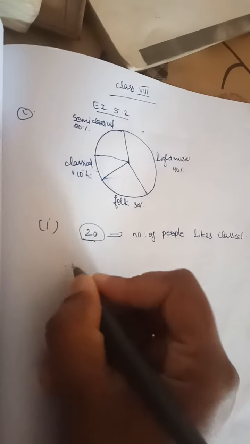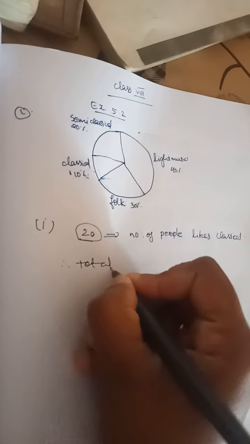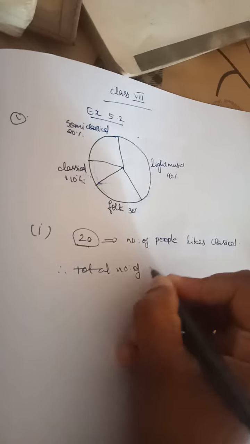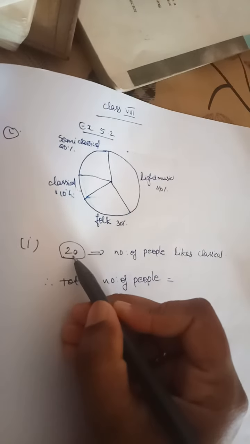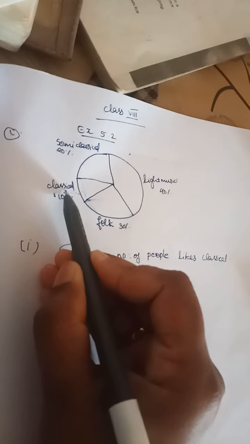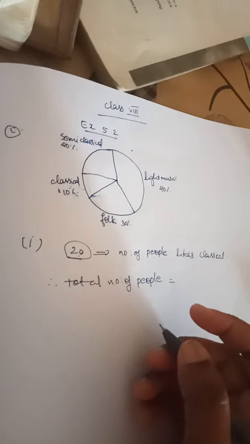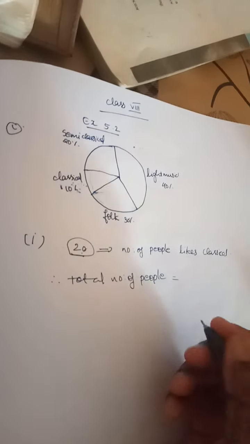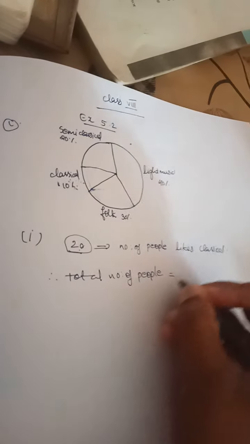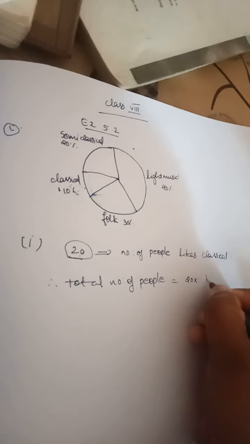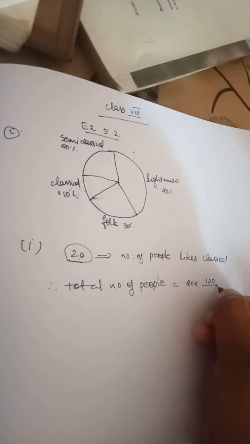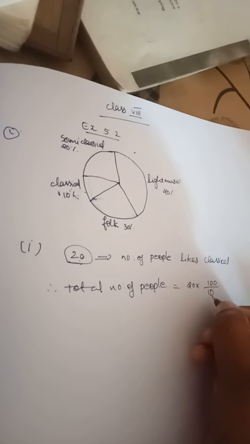So we can find it like this. Total number of pupils: 20 is 10 percentage, then we have to find 100 percentage. How can we find the 100 percentage? 20 into 100, divided by 10.